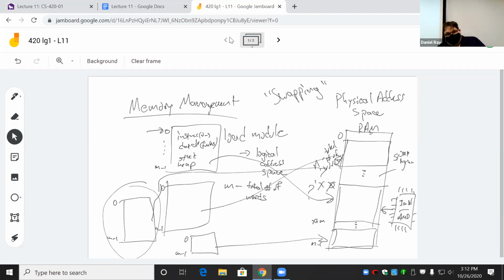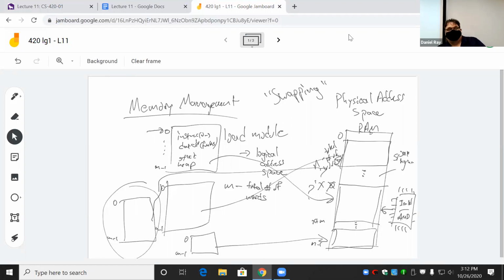Each page gets picked up in its entirety, and it gets moved into RAM. And RAM is divided up into a series of page frames. This is a chunk of physical memory. And no points for guessing, page frames have page size.